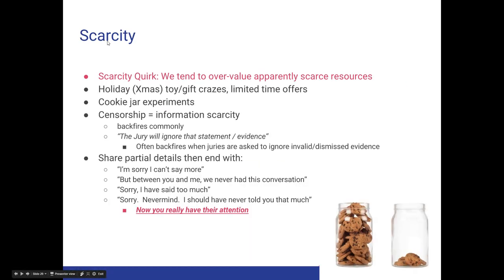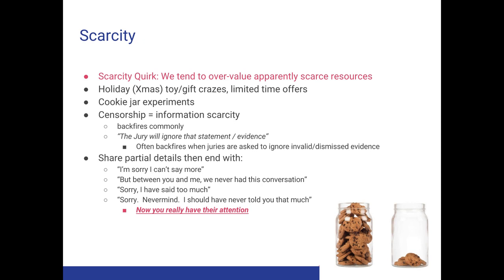And the next one is the scarcity quirk, and that's the phenomenon that we tend to overvalue apparently scarce resources. The best example of this are the famous cookie jar experiments, which you can probably find hundreds of on the internet. That's simply where people go to the grocery store, and they'll have a table, and it'll just be free cookies. Try one. You only get one. They'll have two jars, with the exact same cookies in each.